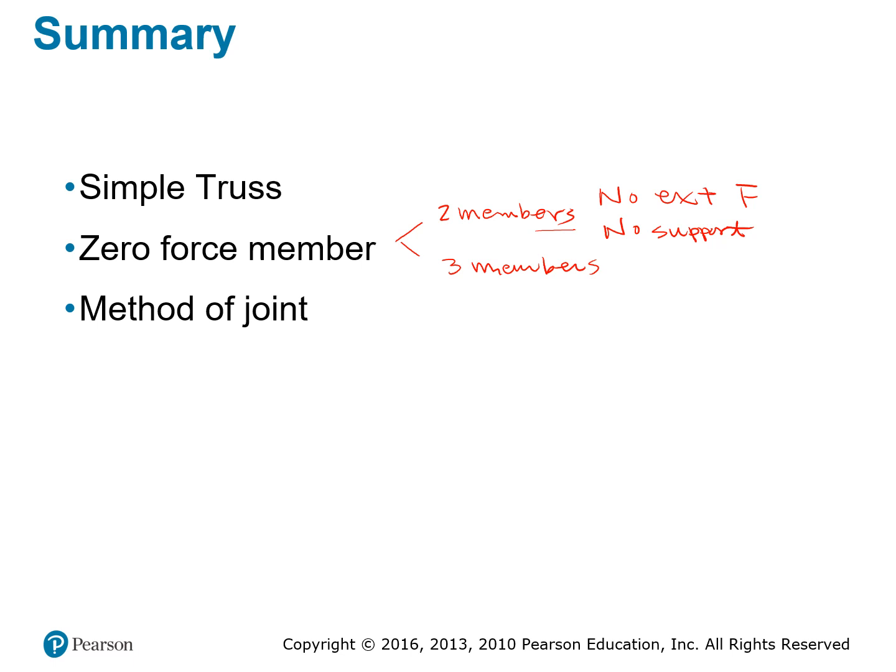Three members, two members are collinear, and the third one is the zero force member.